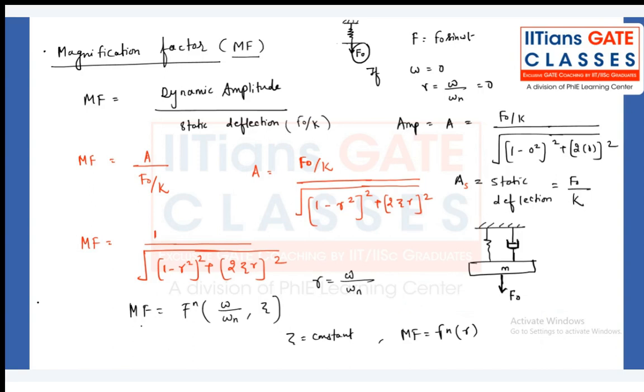We also call this thing the magnification factor. It is also called the amplitude ratio.